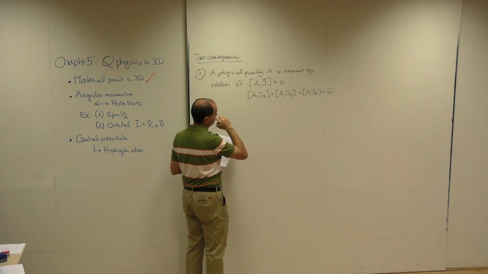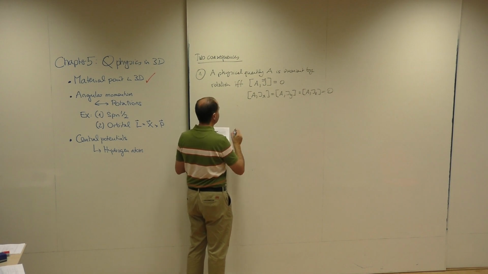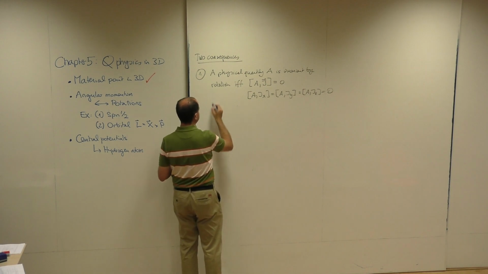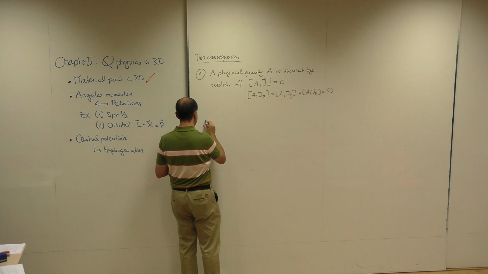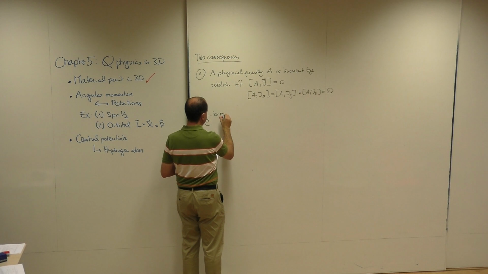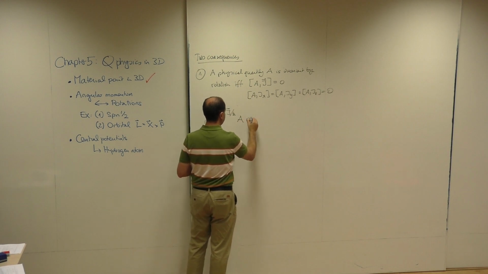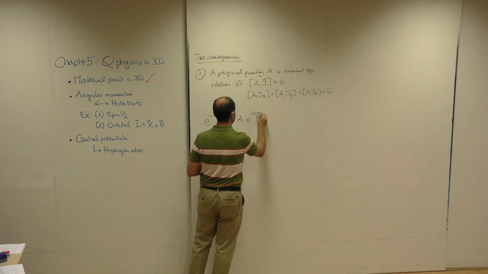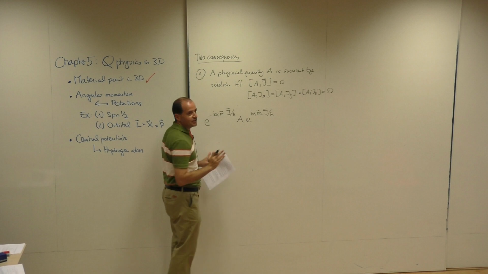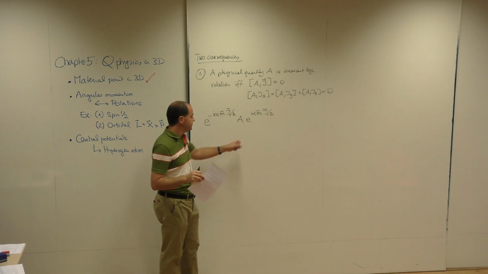So what does it mean invariant by rotation? Invariant by rotation means that if I do any rotation, e^{-iα m·J/ħ} A e^{iα m·J/ħ}. Remember, A is a kind of matrix in Hilbert space.